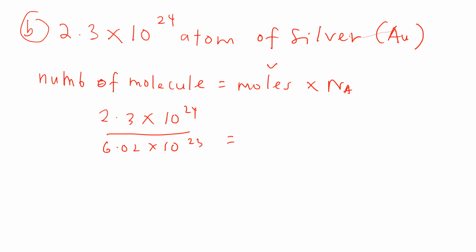Okay, so once you get the moles, you can times with molar mass. Molar mass of silver is 107.9 gram. Okay, so the answer is 410 gram. Alright.